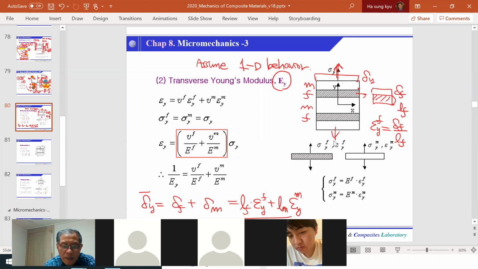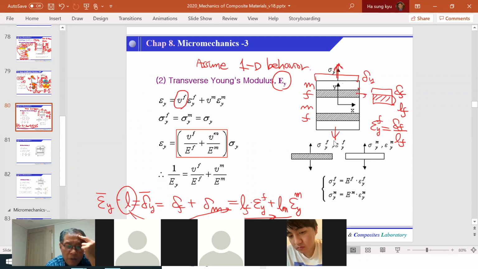And then this delta y, by definition, we can define as the total length multiplied by the transverse strain. And then we divide by L, divide by L, divide by L. That's why we got these fiber volume fractions, right?